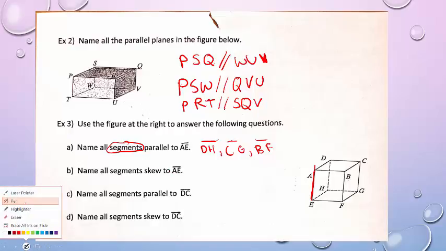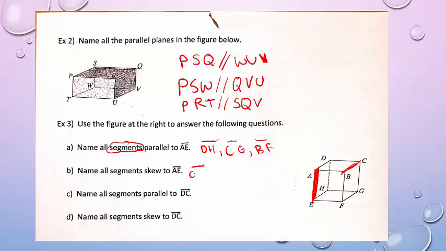So we're going to change gears and we're going to go to skew. So if I look at AE again, I want lines that aren't parallel but don't touch either. So for example, CB would be a skew segment.